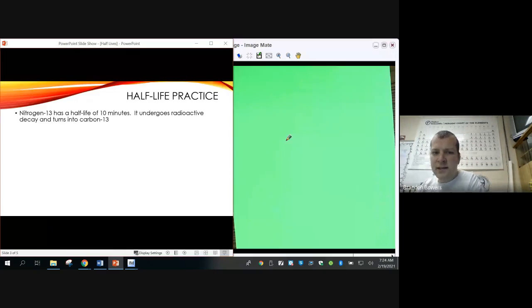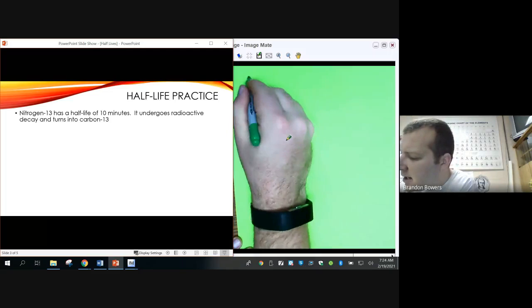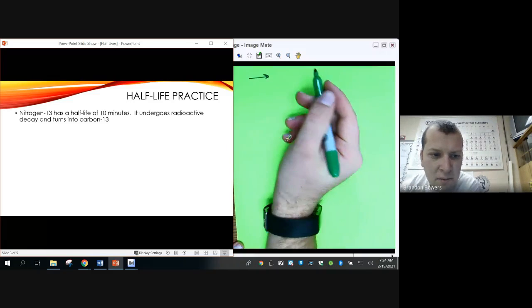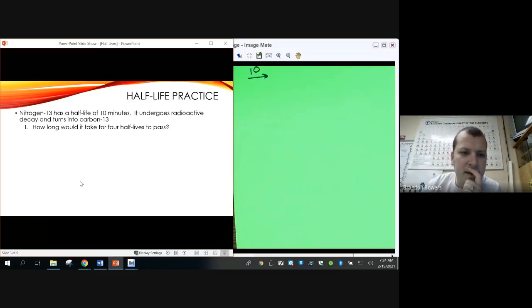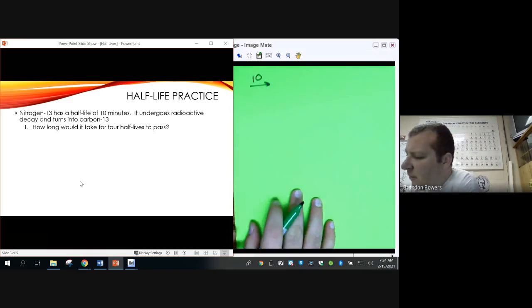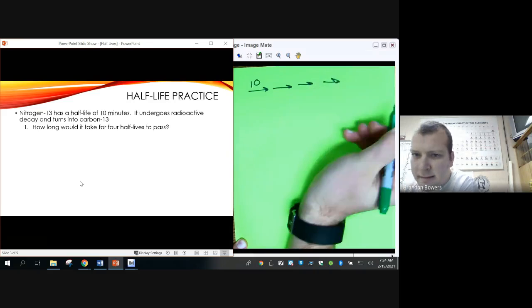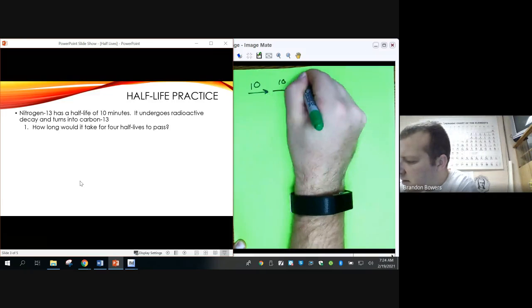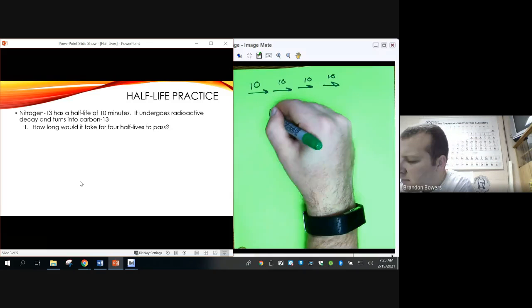I always represent half-lives by an arrow. So if one half-life is 10 minutes, how long would it take for 4 of those to pass? Each one's 10 minutes. The answer would be 40 minutes.